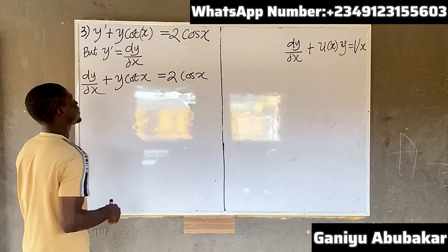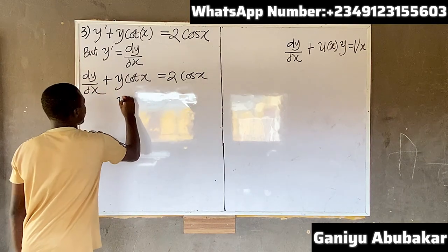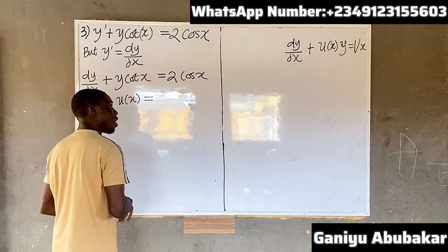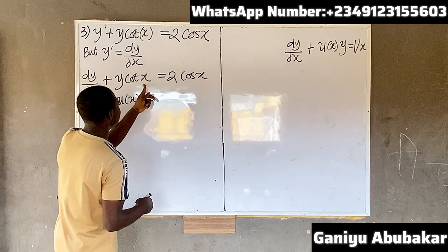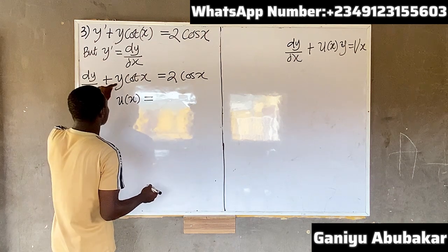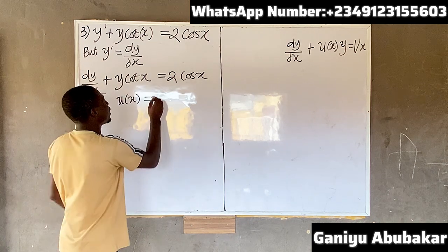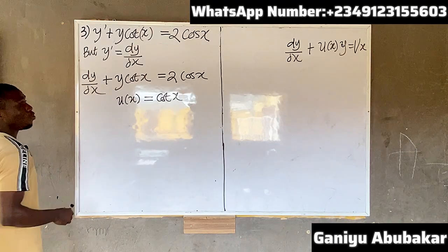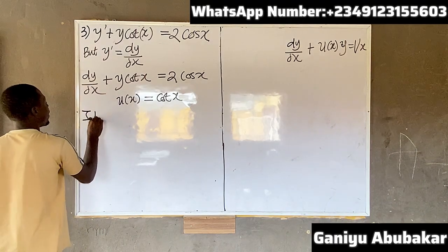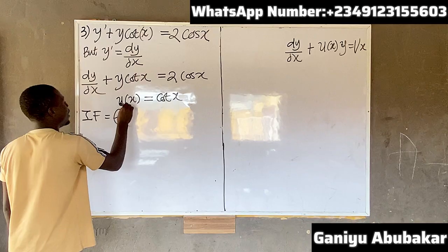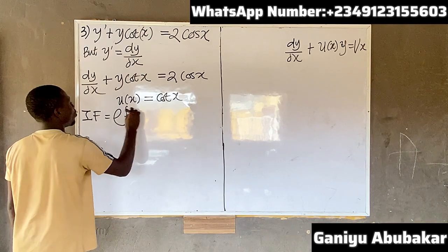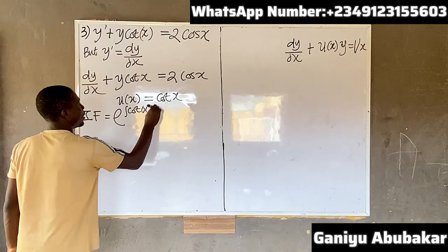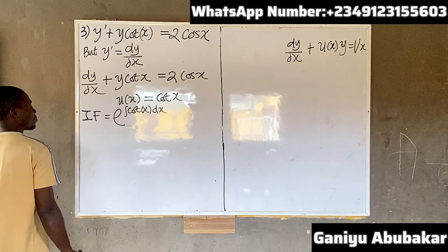From here we said first task, get u of x. So u of x is the term attached to y. This is y and cot x. It can be any way. What's attached to y is cot x. That gives you cot x. Bringing in the idea of the integrating factor, IF equals exponential integral of u of x, here cot x, with respect to x.